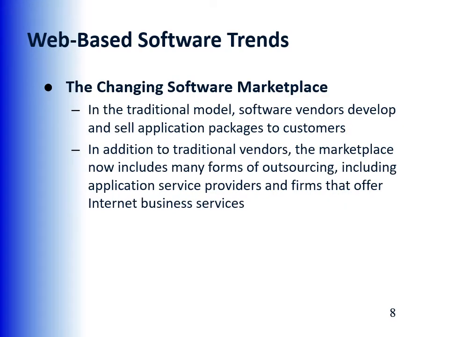Next software trend is the changing software marketplace. In the traditional model, as I mentioned earlier, software vendors develop and sell application packages to customers. In addition to traditional vendors, the marketplace now includes many forms of outsourcing, including application service providers and firms that offer internet business services.